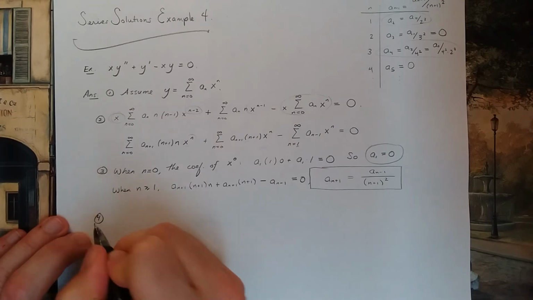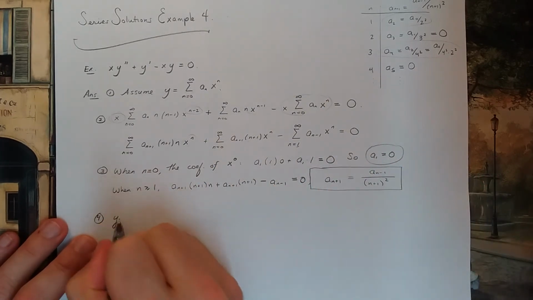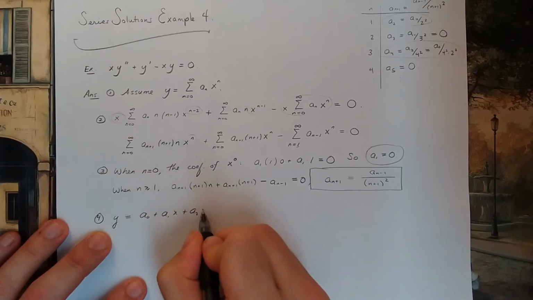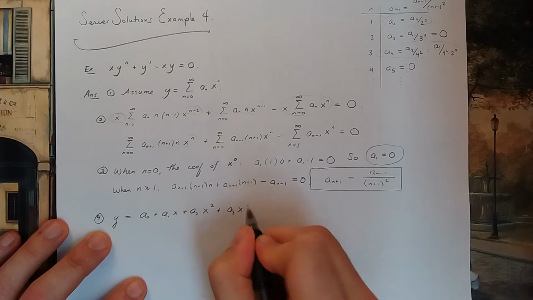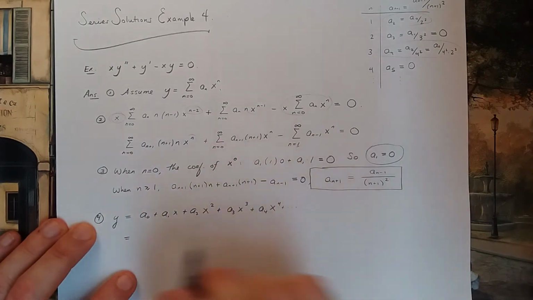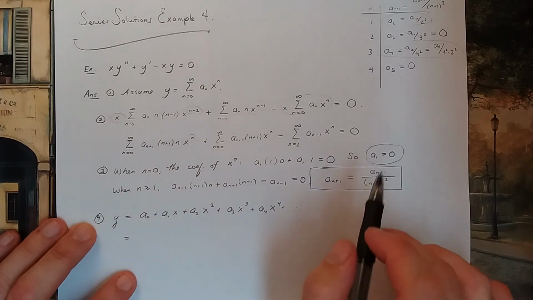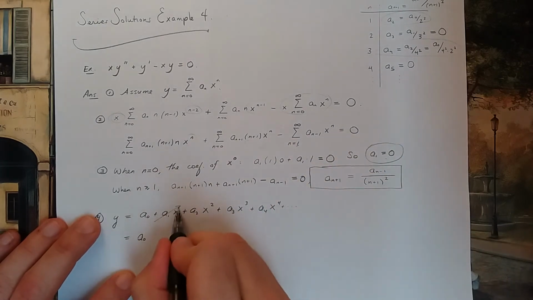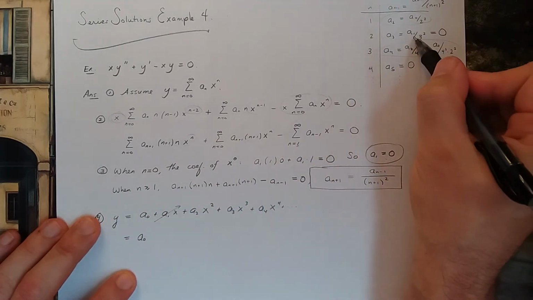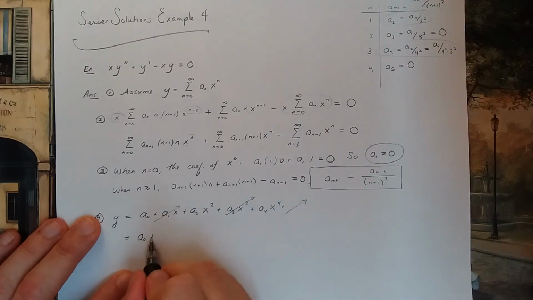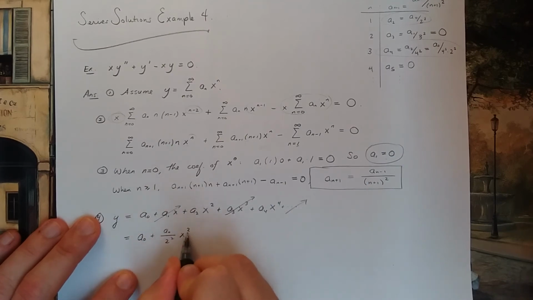So I get to write down my final answer in step 4. My answer is y equals a_0 plus a_1 x plus a_2 x squared plus a_3 x to the third plus a_4 x to the fourth, and so on. Now I know information about these coefficients. I don't know anything about a_0, but I do know a_1 is 0, so that term's gone, and all the odd coefficients are gone. a_2 is equal to a_0 over 2 squared, so that's my coefficient of x squared.